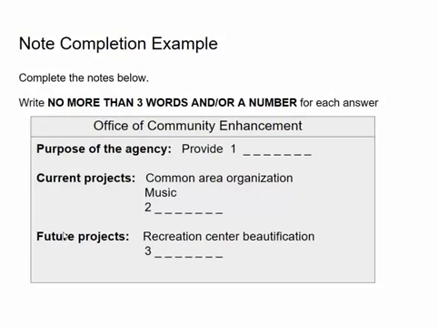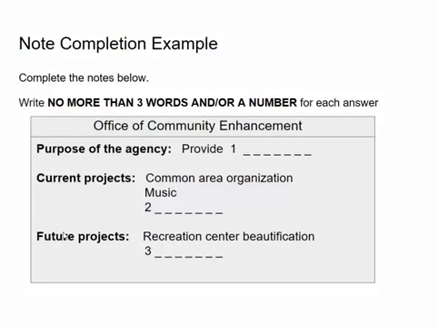So these are current projects, and we know from the provided information that there's a common area organization project going on, there's some type of music project going on, and then we need to figure out, after they talk about this music project, what is the third thing that they're working on currently? Okay, that's different from the things they're planning in the future, our third category.